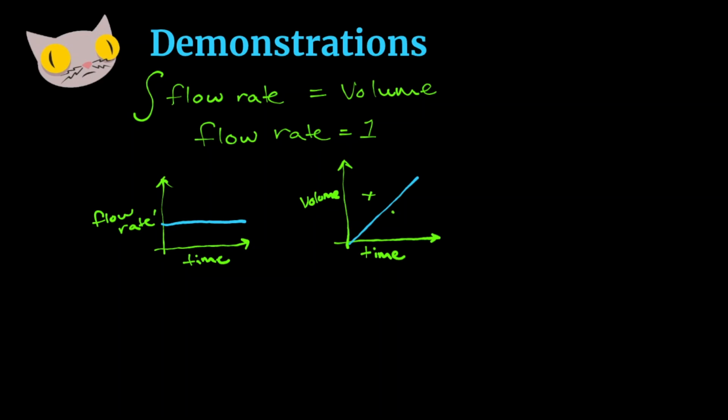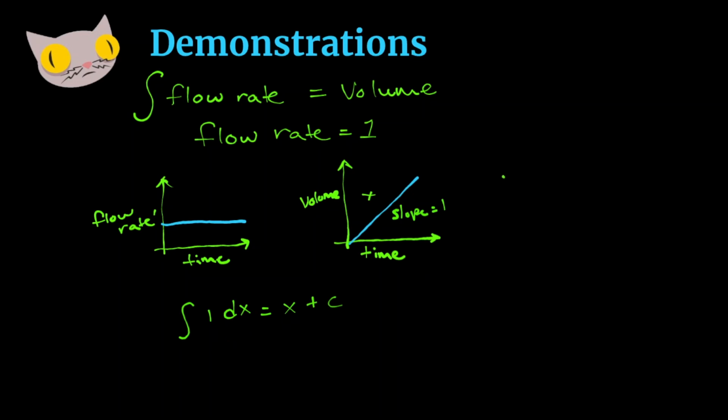This line also has a slope of 1. Now this is because the integral of 1 with respect to x, or in our case with respect to time, is going to be just x, obviously plus c. The integral of any constant is just going to be x.